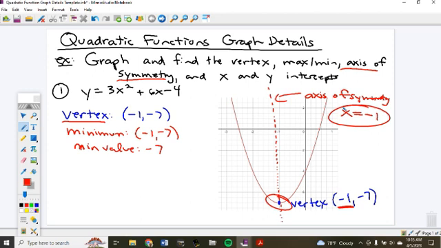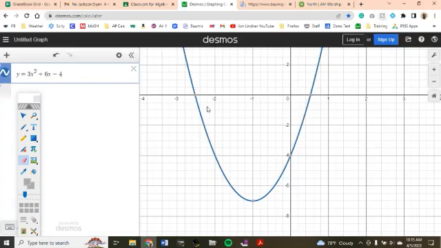Now, the rest of this is stuff that we've already done. All the intercepts. All right? We've done this before. If we go back to Desmos, here is an x-intercept.